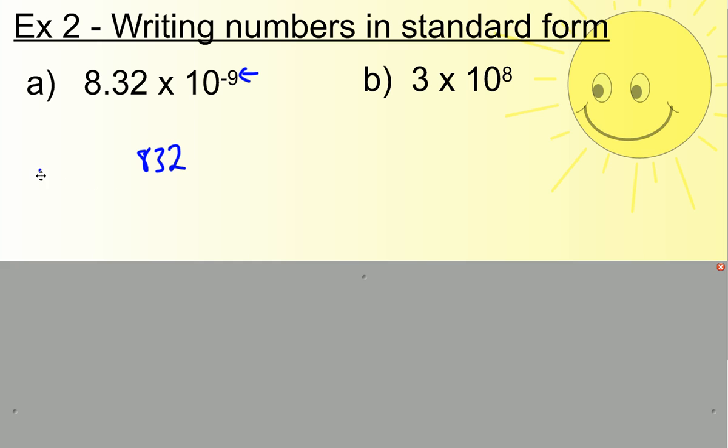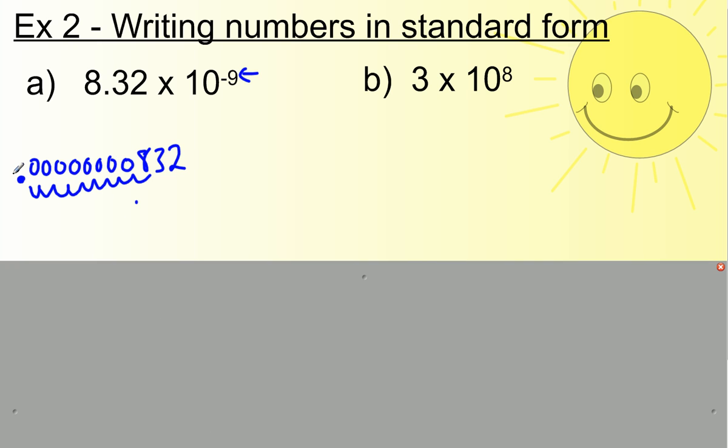That gives me like 0.000000832. That is a small number. So I count them out. 1, 2, 3, 4, 5, 6, 7, 8, 9 places. And all my empty places, I'm just going to fill in with zeros. So 1, 2, 3, 4, 5, 6, 7, 8 zeros.